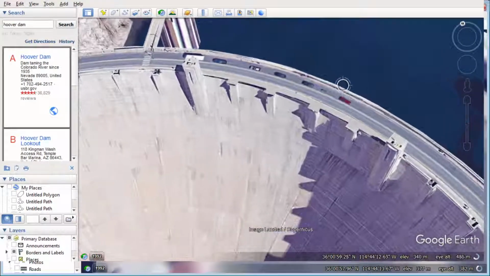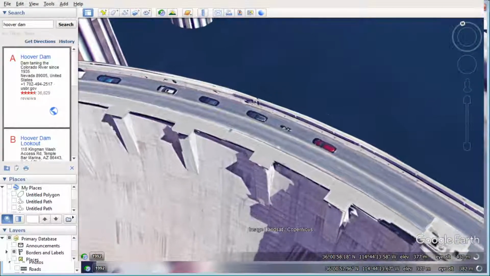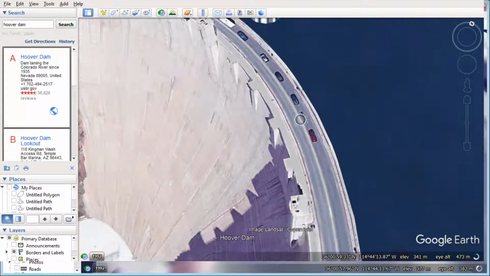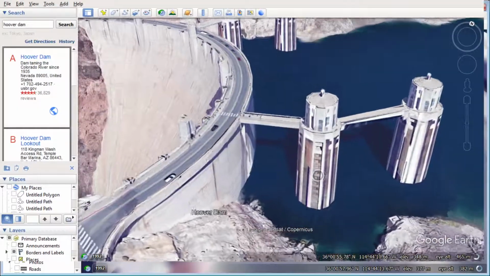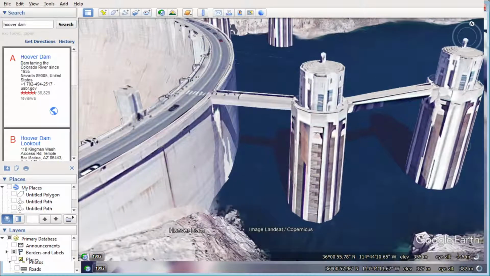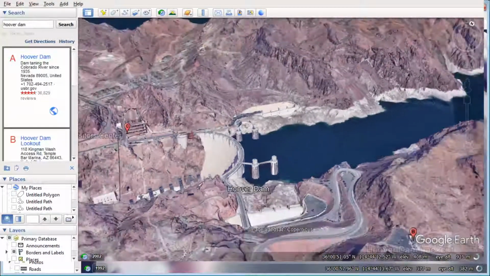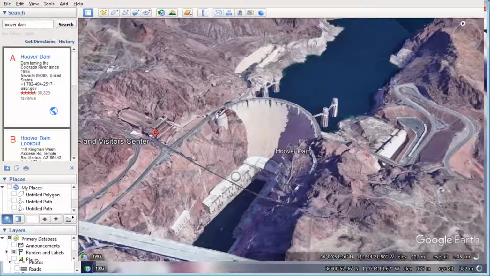You can see the scale of the dam because these are cars traveling over it, and these are the intake towers through which water is collected into the penstocks and then released through the turbines.